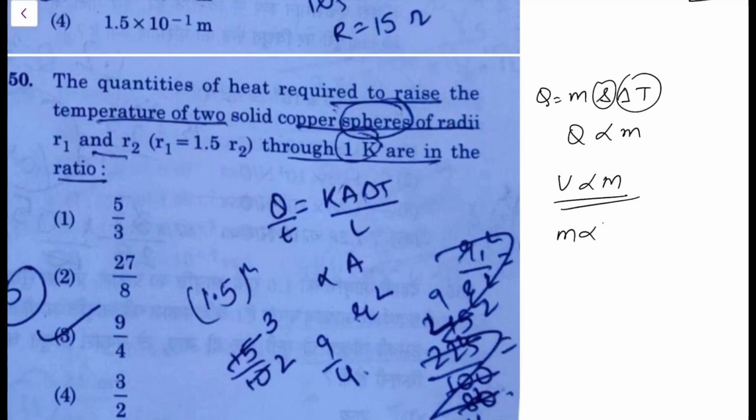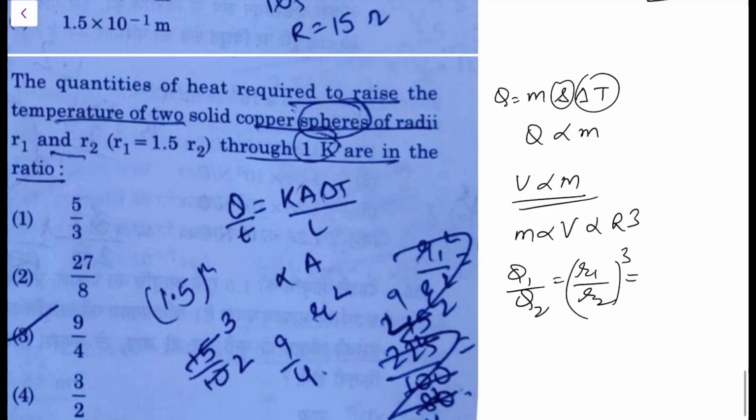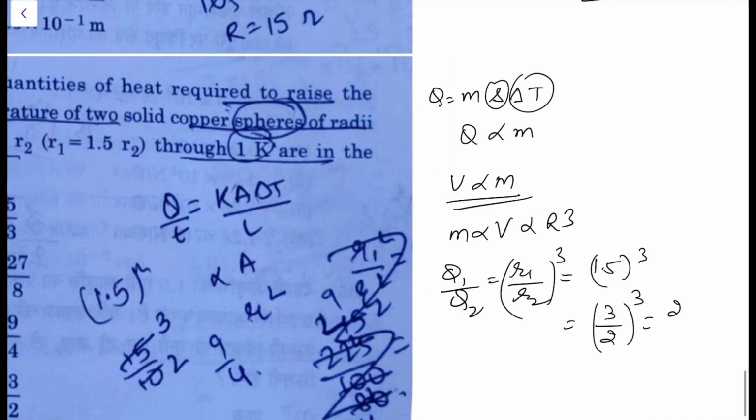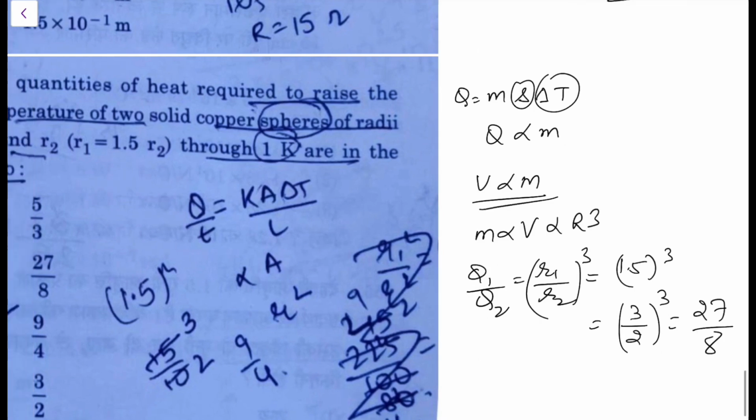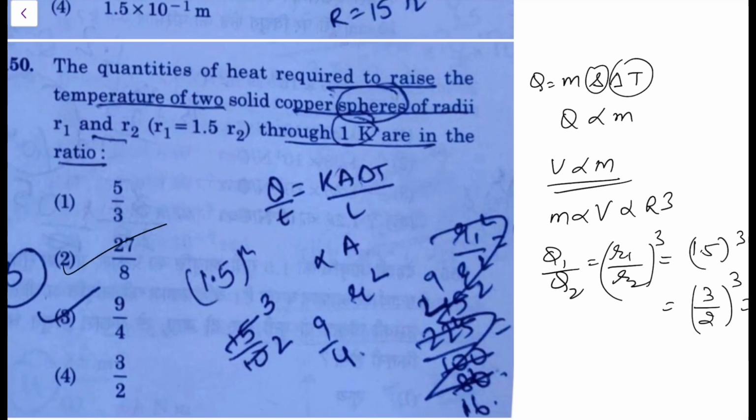So mass is proportional to volume and volume is proportional to R cube. So I can directly say Q1 by Q2 would be R1 upon R2 to the power 3, and R1 is 1.5 times R2, so it is 1.5 to the power 3. That means you can write it as 3 by 2 to the power 3. So I can write it as 27 by 8. So this is option 2.